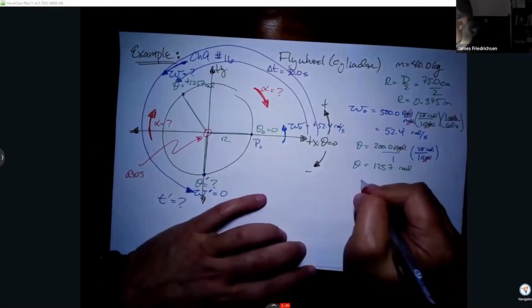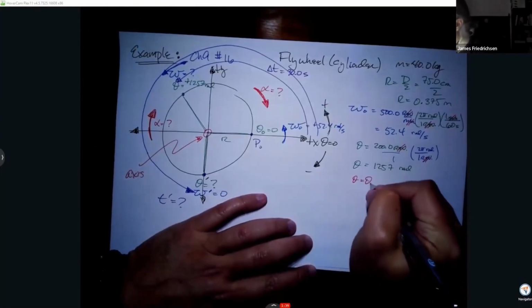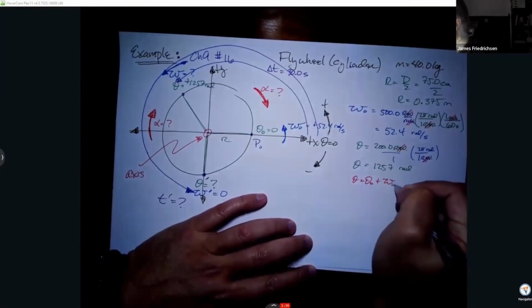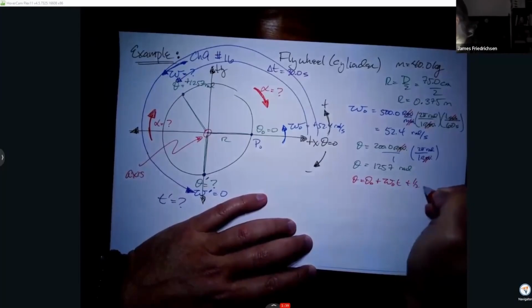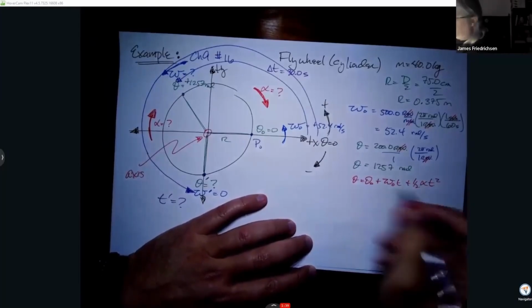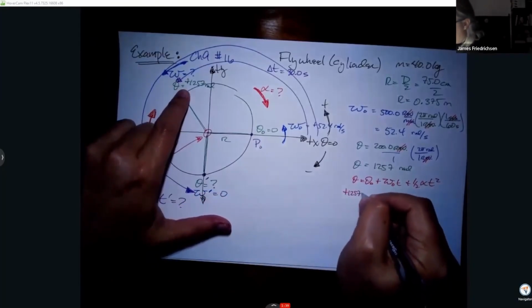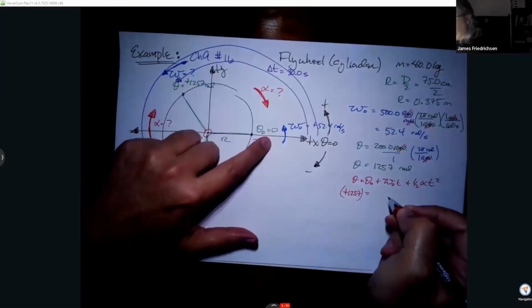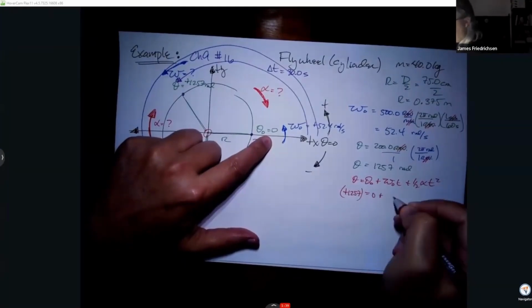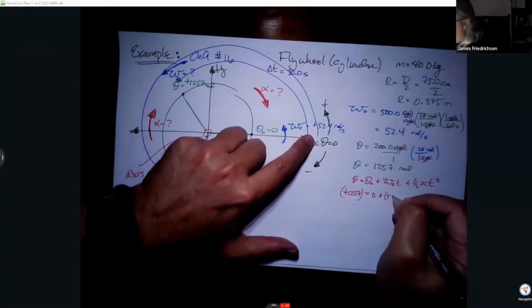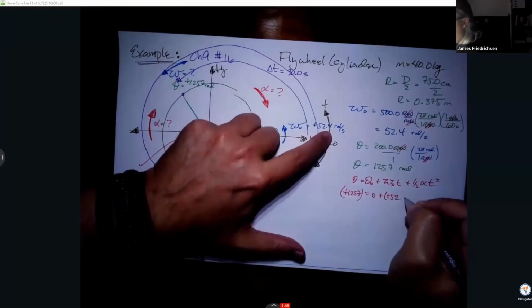And so I'm going to start off with theta is theta naught plus omega naught t plus 1/2 alpha times t squared. The final angular position is this plus 1257. The initial angular position was 0. My initial angular speed is plus 52.4.